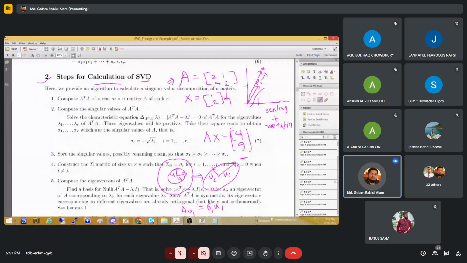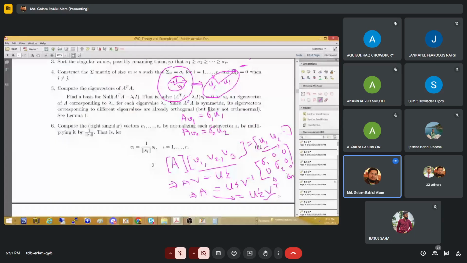The steps are, at first we have to compute A transpose A of a real m into n matrix A. So A has dimension m into n.